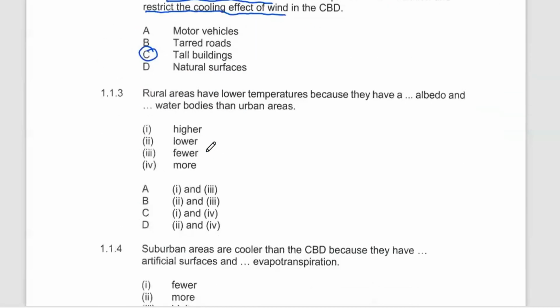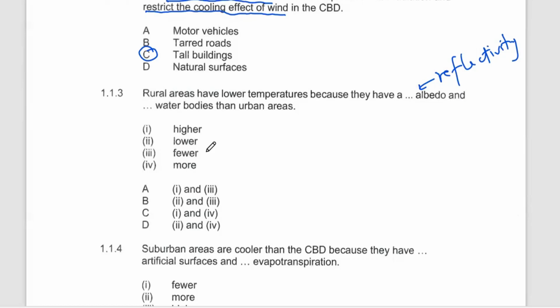Rural areas have lower temperatures because they have a dash and also a dash albedo and dash water bodies than urban areas. What is it that we call albedo? We are looking at reflectivity. Albedo basically refers to the reflectivity effect. So rural areas have lower temperatures because they have what kind of albedo?